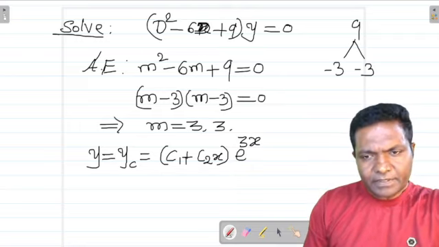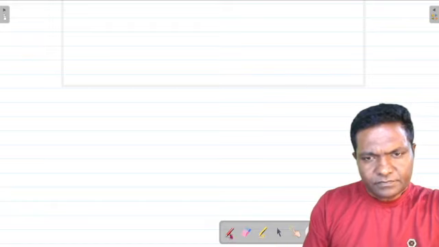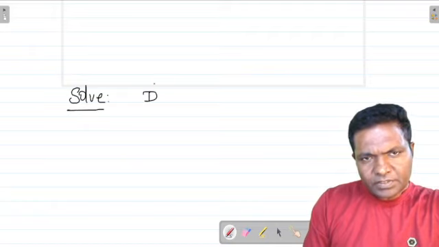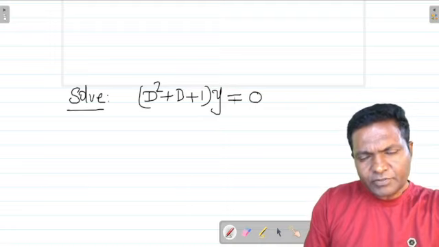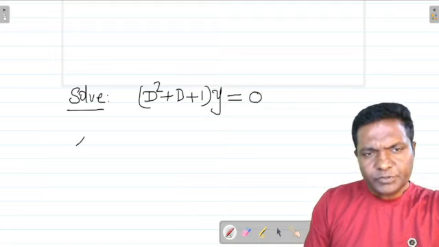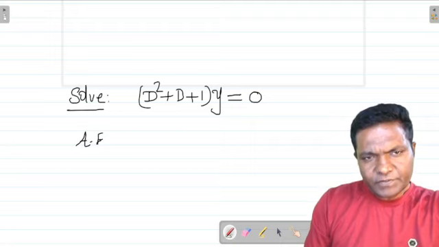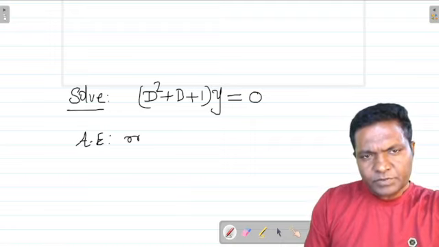Look at another example. Solve (D² + D + 1) y = 0. Here the auxiliary equation is m² + m + 1 = 0.